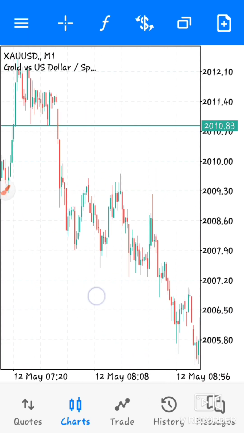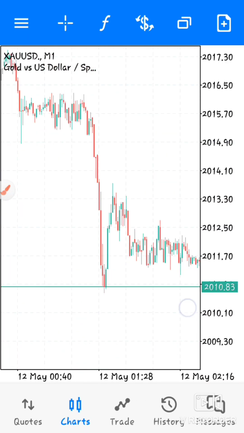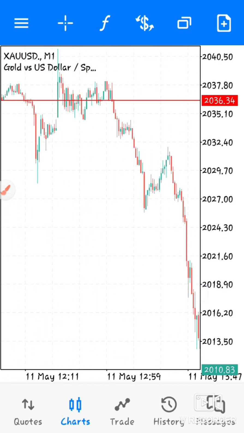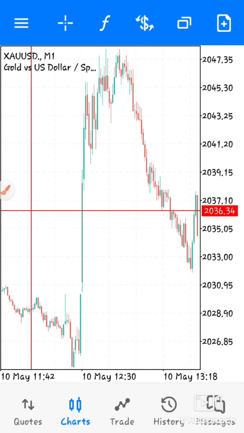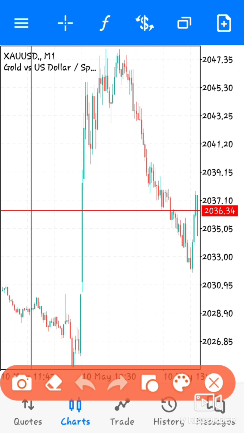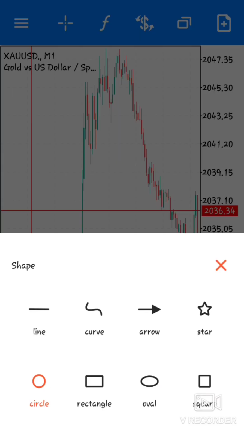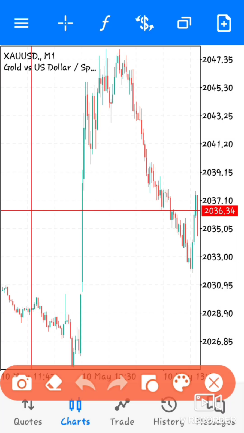You want to wait for price to get back to your resistance zone. This was when price got to our resistance level.